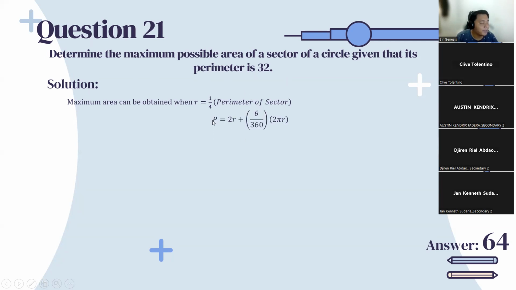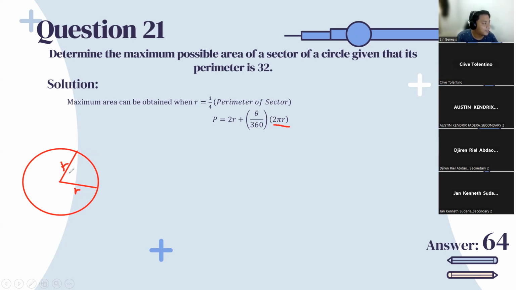So here we have P is equal to 2R plus the arc. The perimeter, of course, of a sector, let's say something like this one, will consist of 2R, 2 radius, and of course the arc, intercepted arc, which is 2 pi r multiplied by theta over 360.